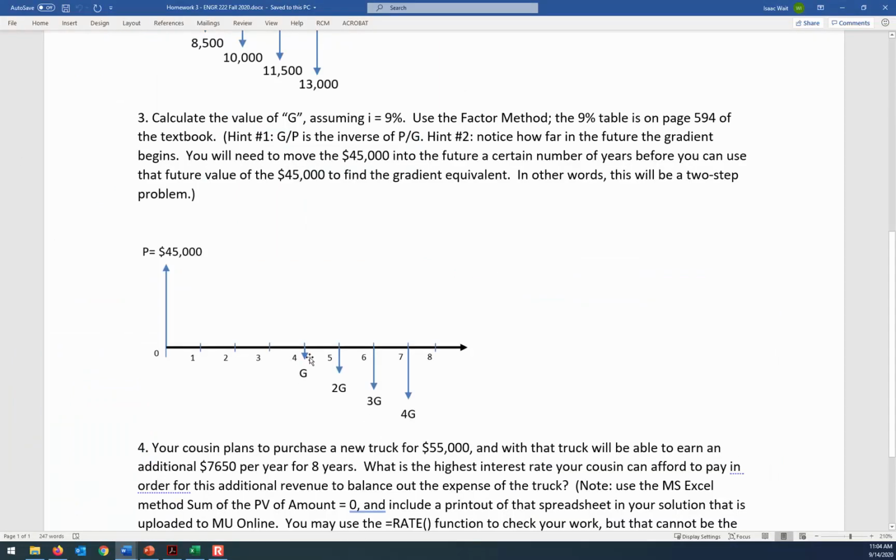And so that means that year 0, or kind of like a pseudo or a quasi year 0, is actually here in year 2. So the amount that's at year 0 needs to get to year 2 before you distribute it into the gradient. So I give you kind of those same hints here in the text, but I wanted to illustrate that more specifically.